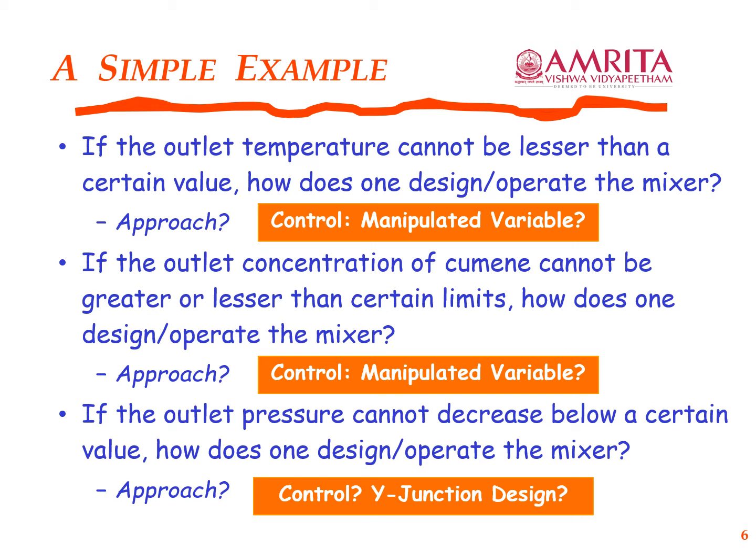Once again, of course, you can change the outlet pressure by changing the pressure of the fresh feed stream. So these are some of the typical chemical engineering problems that we chemical engineers face in our profession.